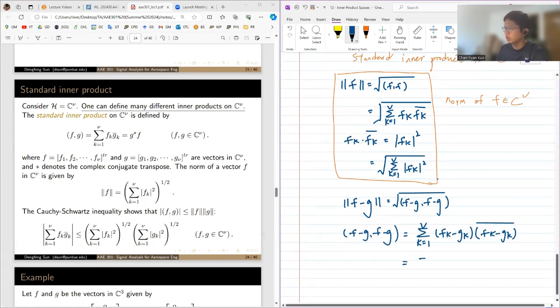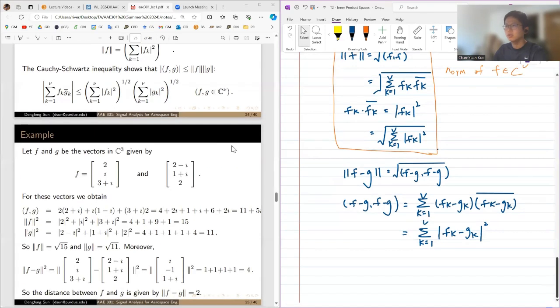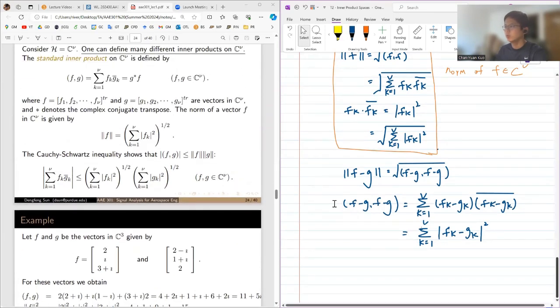And this is equal to the sum of the squared absolute value of fk minus gk. So eventually the distance between f and g equals the square root of this summation of the absolute value of fk minus gk squared.